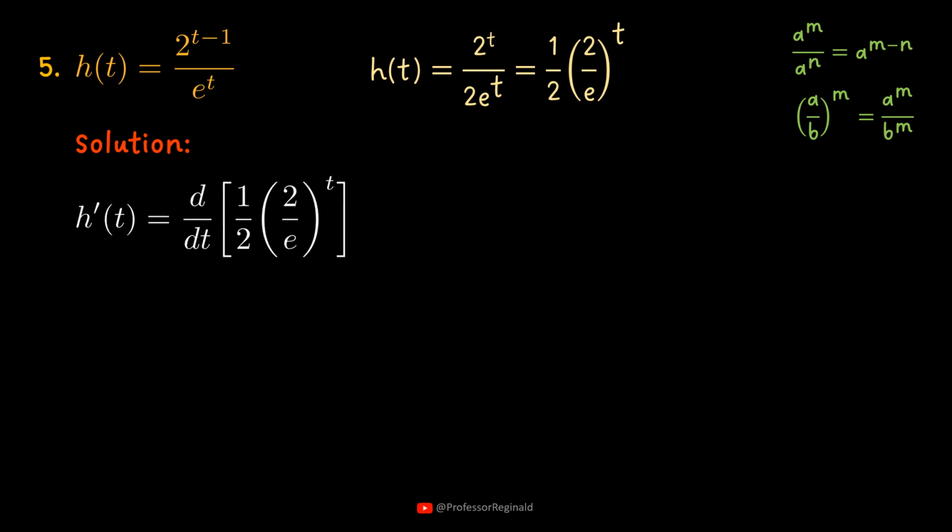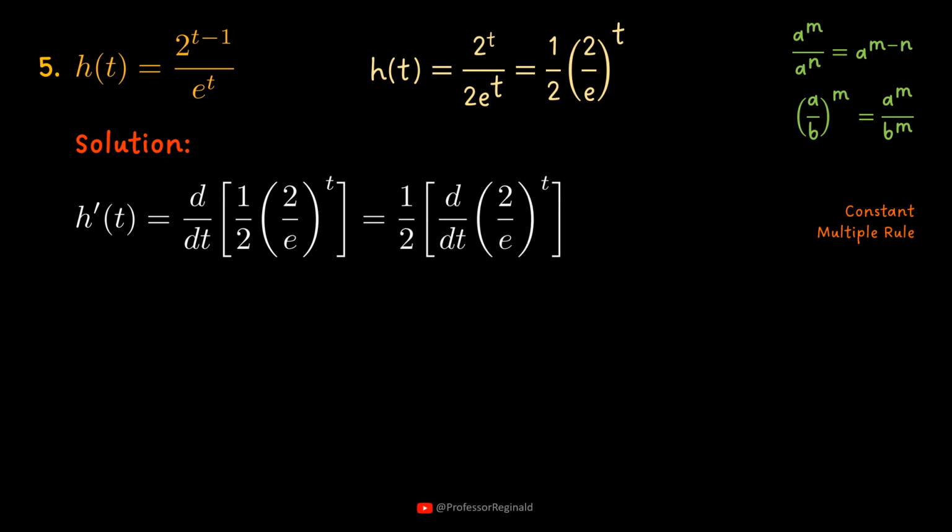Afterwards, take the derivative of h of t. Apply the constant multiple rule. Treat 2 over e as one base. Then differentiate using the general exponential function rule.